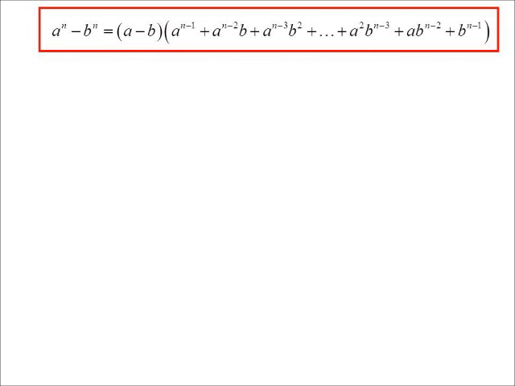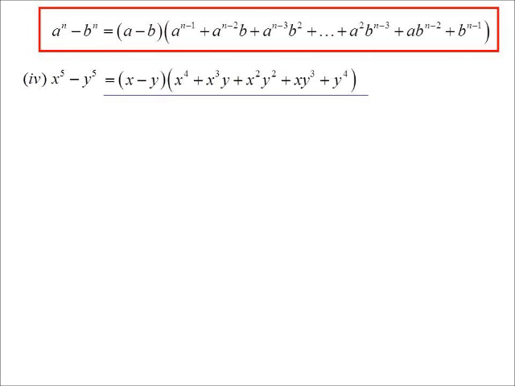Square, I can't do it, because negative b to an even power is just b to the even power. So I can't create the a to the n plus b to the n for an even power using real numbers. So if I had x to the 5 minus y to the 5, then it would be x minus y, powers of x go down by 1, powers of y go up by 1, all the way down, and there it is.